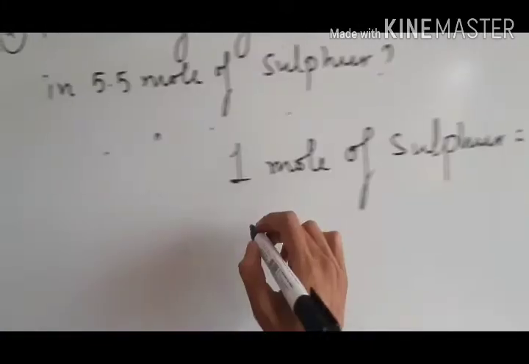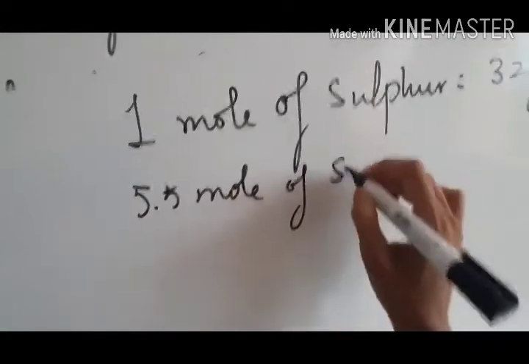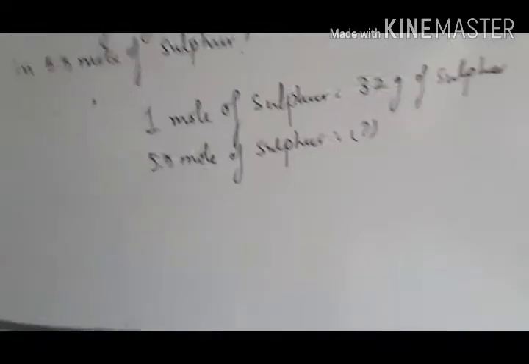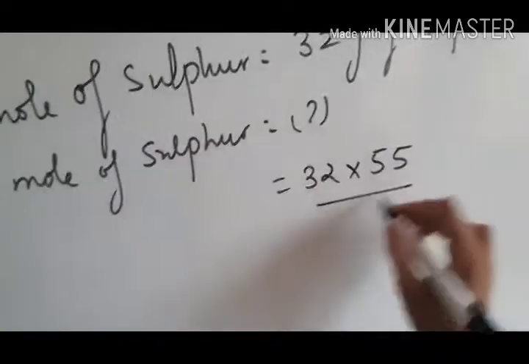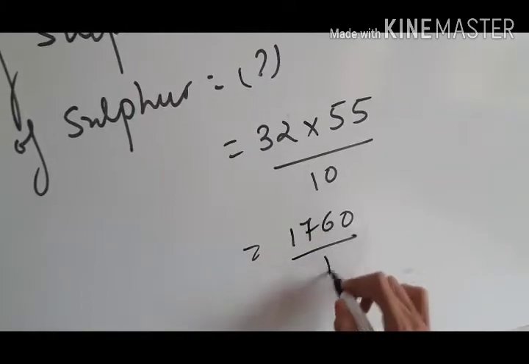So 5.5 mole of sulfur is equal to how much? Here we have 32 into 55 upon 10. The same answer we are getting, 1760 upon 10.